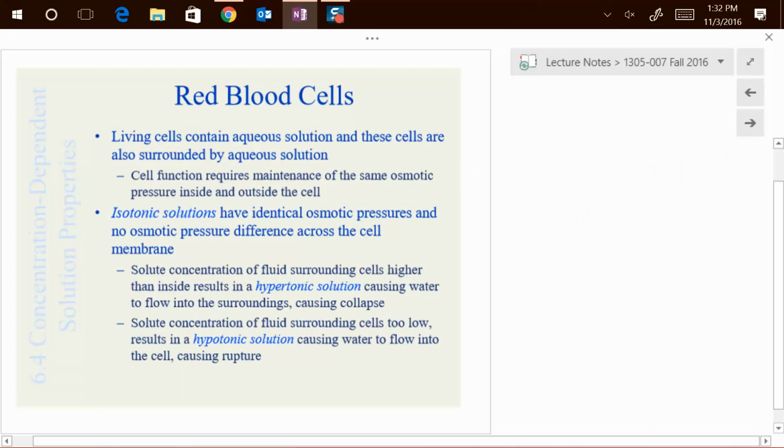So this osmotic pressure can be applied to our cells. What happens to a living cell when you put it into a salty solution, or into just something like pure water? Our living cells have aqueous solutions of salts in them, and that's establishing an osmotic pressure at equilibrium.